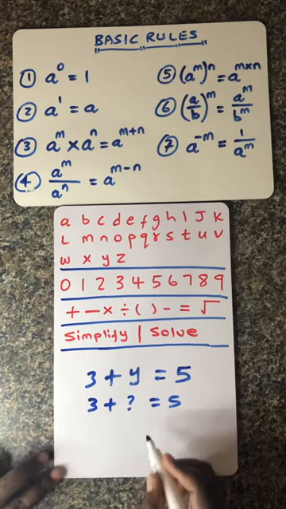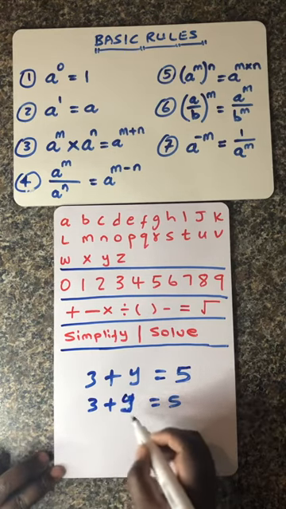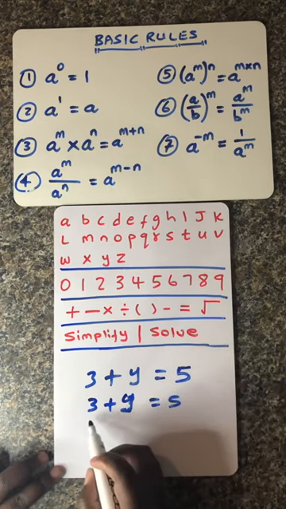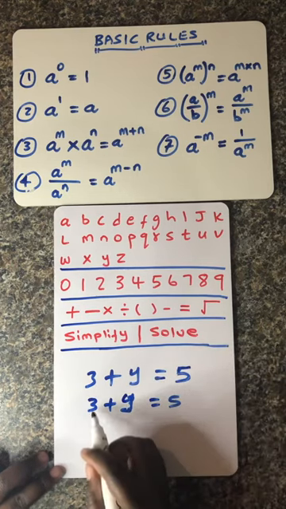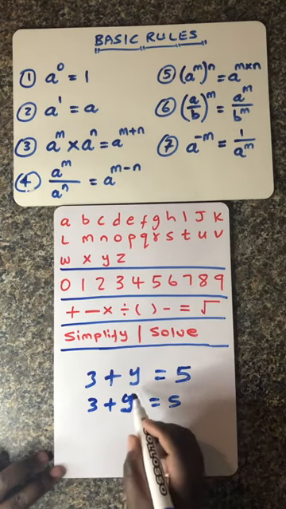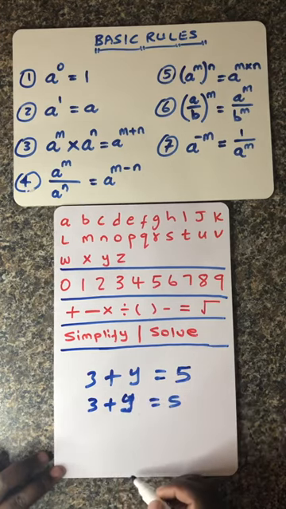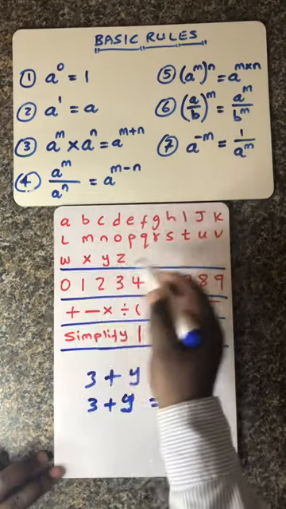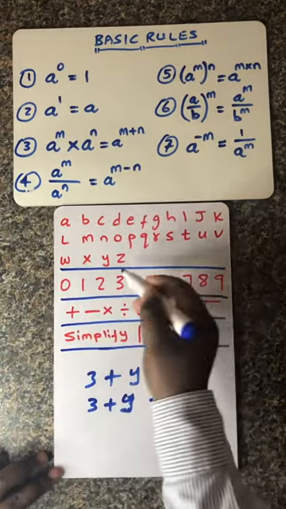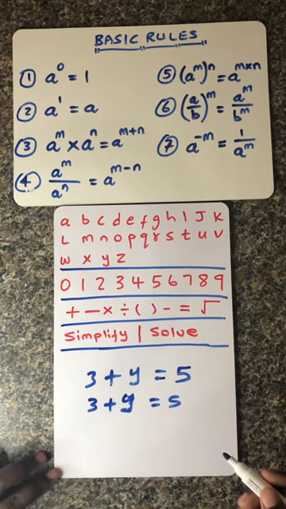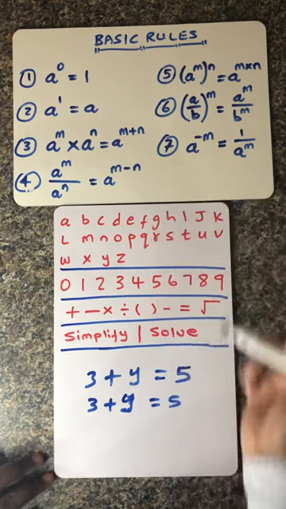Okay, so remember, this is why I just made a question mark, so that I explain to you that they're asking which number, when you add it with 3, will give you 5. So guys, we are solving for y because y is the unknown. At all times when we solve for a particular letter, which could be A, B, C, D, or Z, in this case we just chose y. It could have been R, Q, P, any letter.